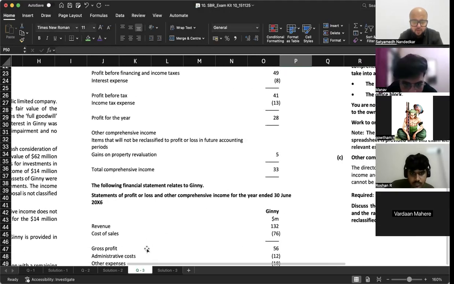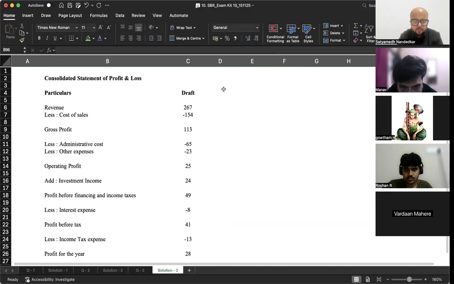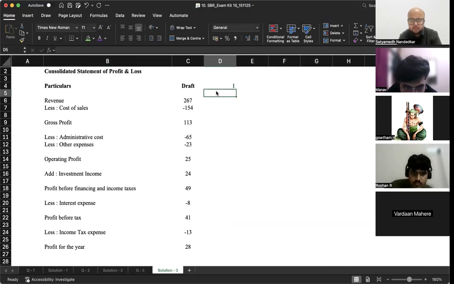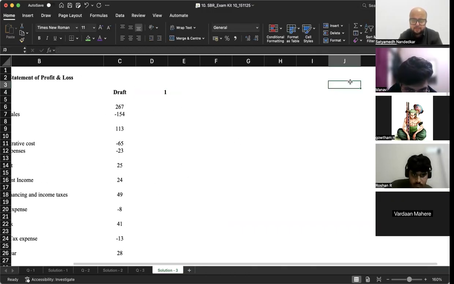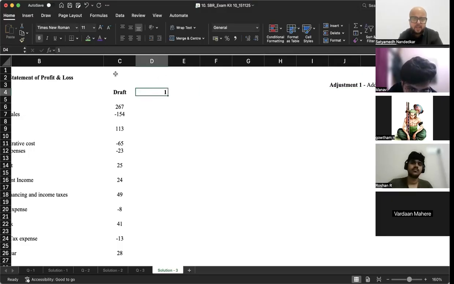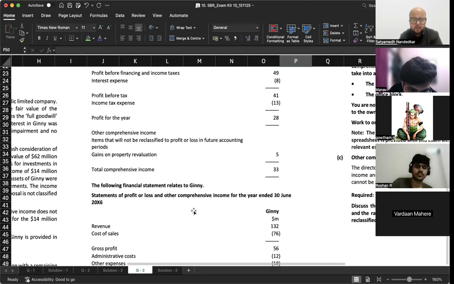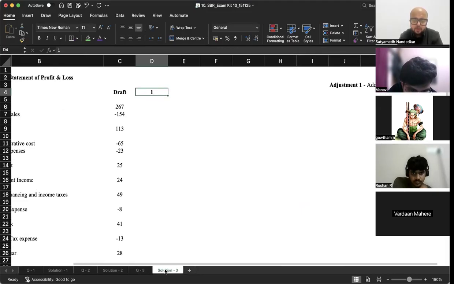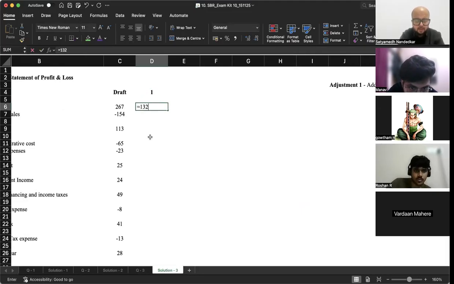Okay, so adjustment 1, adding 9 months results for Ginny. 132 into 9/12.